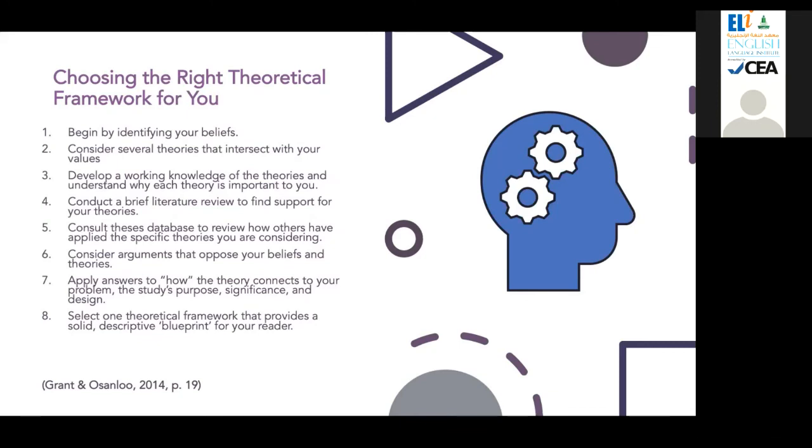You need to show the theoretical framework that you selected, and you need to show how it connects to your research, the research purpose, the significance, the design, and select, of course, one theoretical framework. After reviewing all theoretical frameworks and previous literature, you have to select one that provides a solid descriptive blueprint for your reader.